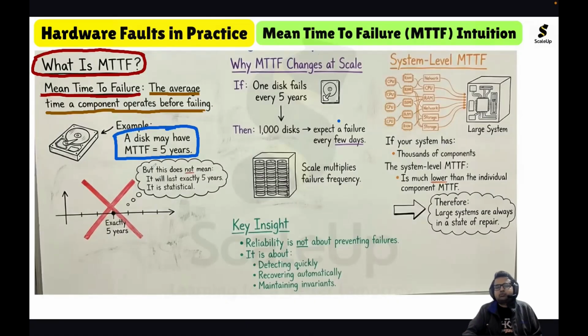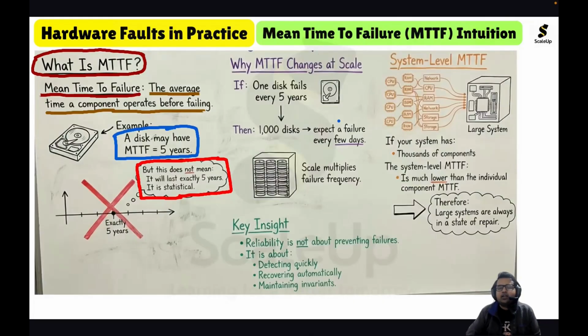Now MTTF is like an average, a mathematical measure. A very important observation: an MTTF of 5 years does not mean that the disk will last for 5 years. So if the MTTF of a disk is 5 years, it does not mean that the disk will last for 5 years.